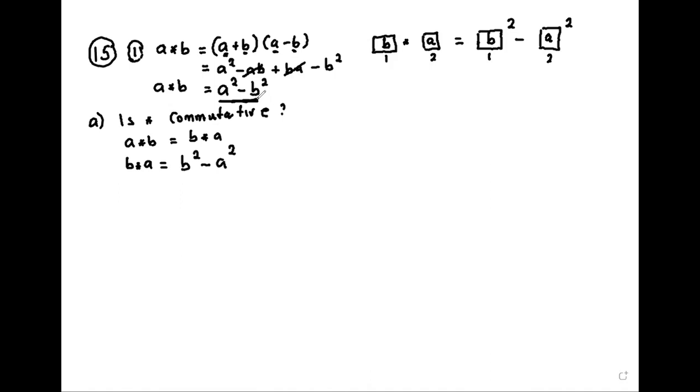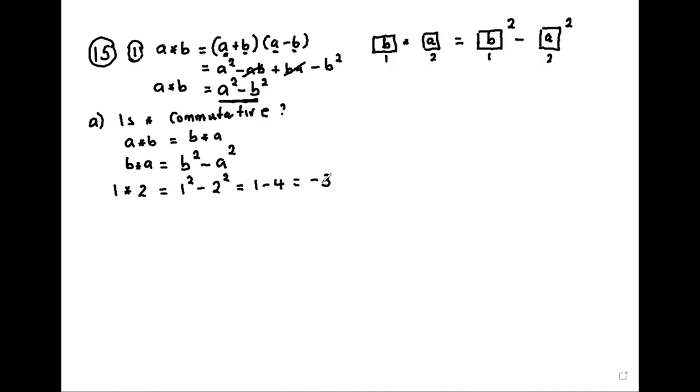What would happen if we had 1 star 2? We are going to have 1 squared minus 2 squared, which gives us 1 minus 4, which is minus 3.